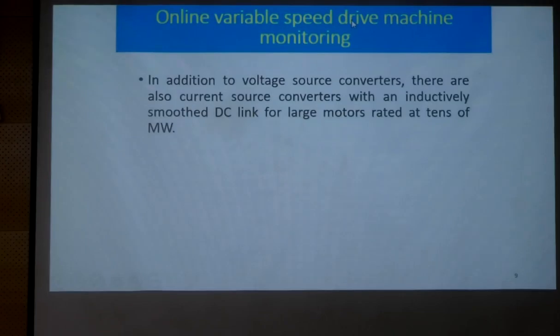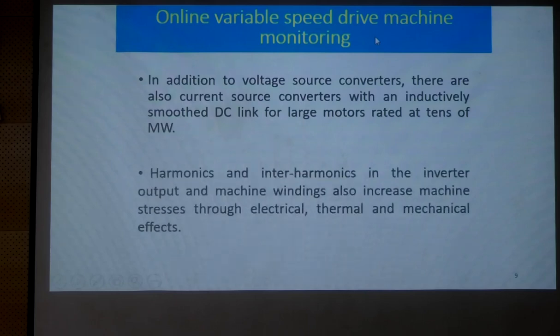In those voltage source converters, rated for megawatts, we have to take care of all aspects like harmonics and interharmonics in the inverter output and machine windings. They also increase machine stresses, like electrical, thermal, and mechanical effects.